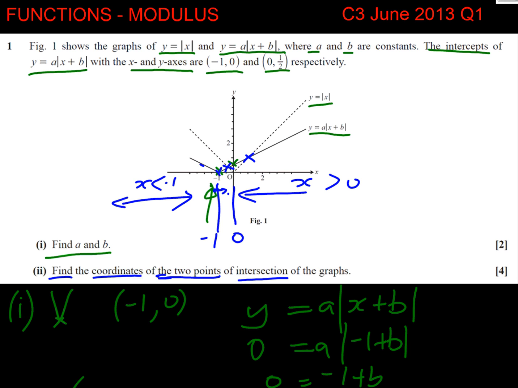So what I'm going to suggest is that you do the calculations of finding the roots split into these three ranges. A critical point is -1 and the other one is 0, so in this range x is less than -1, in this range x is greater than -1 and less than 0, and here x is greater than 0.